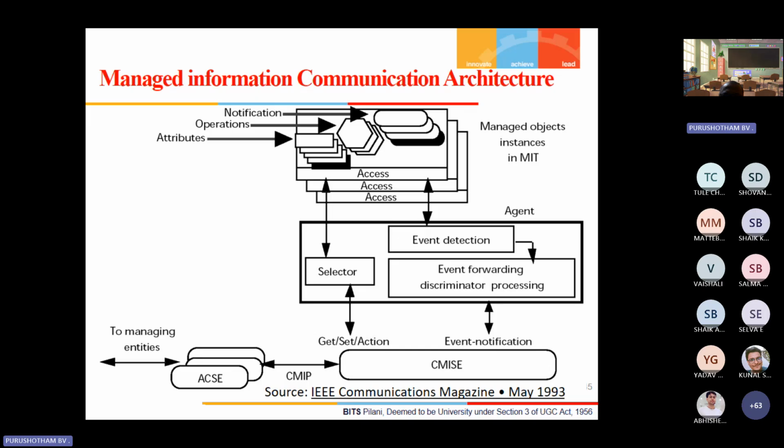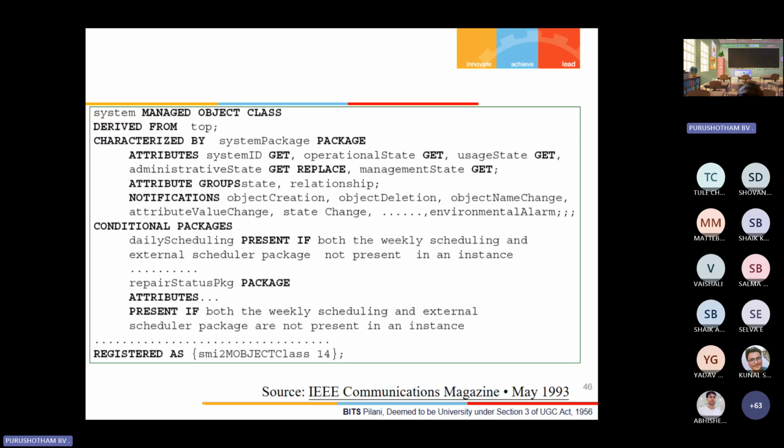Then there is an agent, followed by some of the things like how to communicate with them, etc. This is the IEEE communication standard which was published in 1993. So that period. So this is how it is.